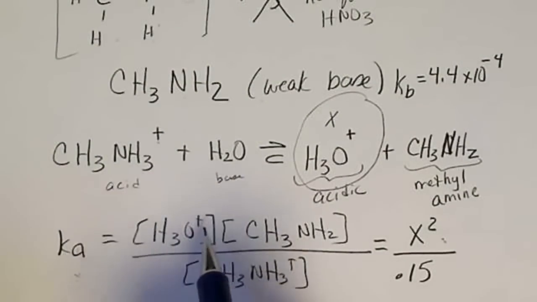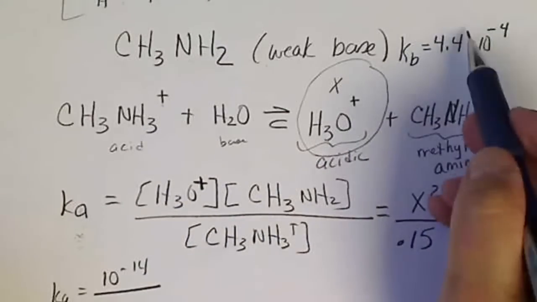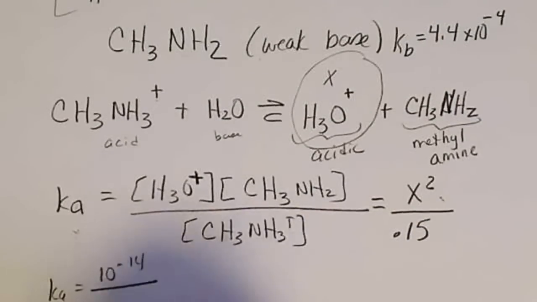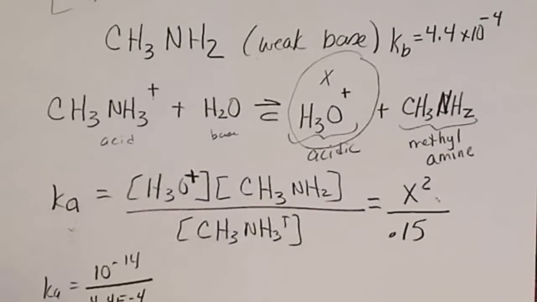So anything positive technically could be acidic. So the Ka for this is 10 to the minus 14th over the Kb value, which we looked up in the table. So that's over 4.4 times 10 to the minus 4.